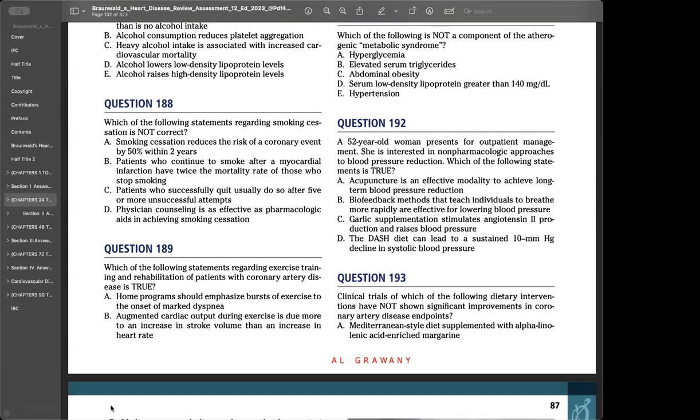C, patients who successfully quit usually do so after 5 or more unsuccessful attempts. This is also a true statement because nicotine is quite addictive.